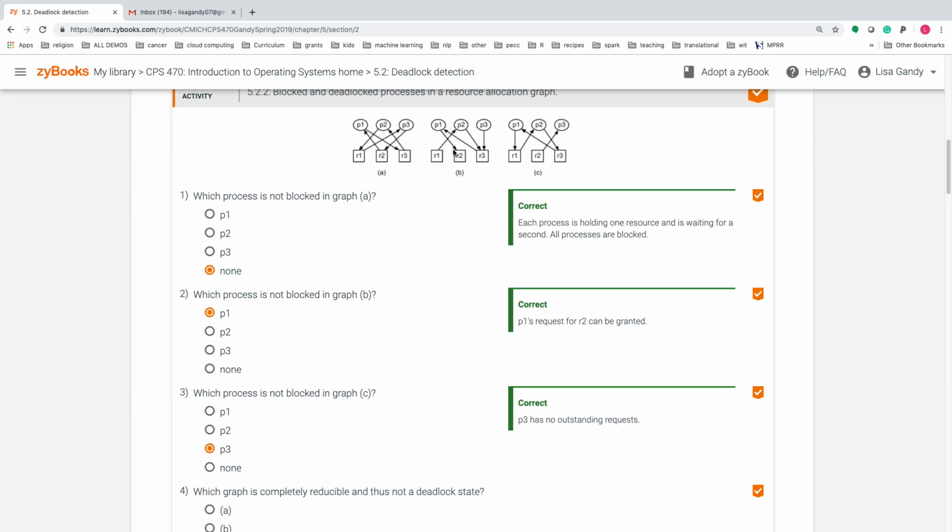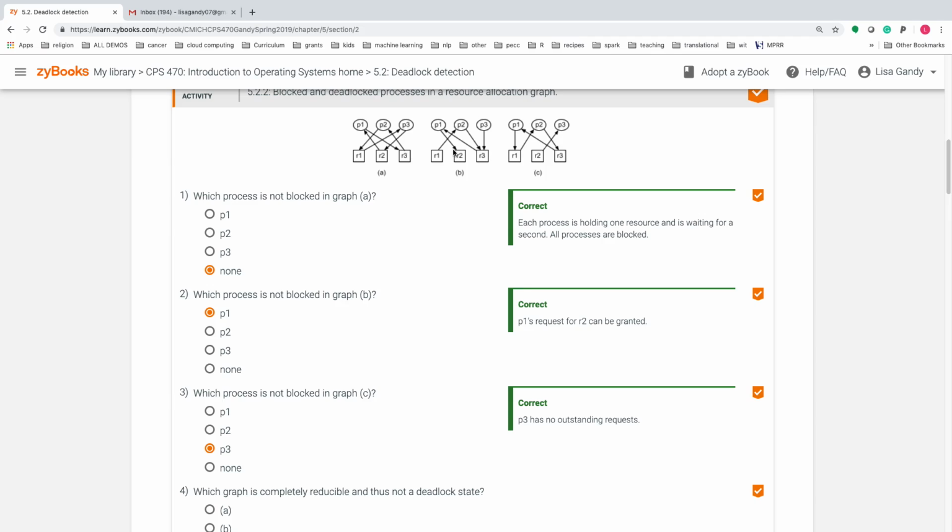What's process 2 connected to now? We got rid of process 1. Was it allocated any of the resources? It's connected to R1, R2.